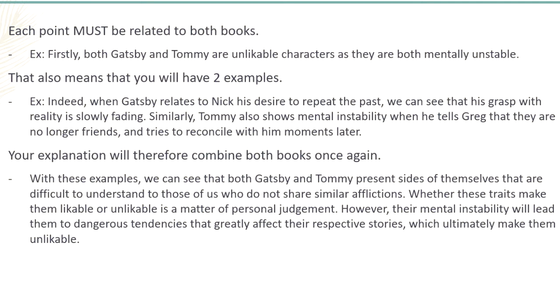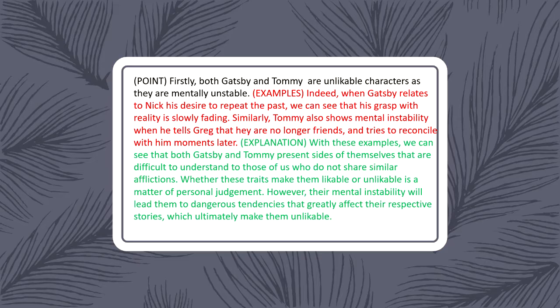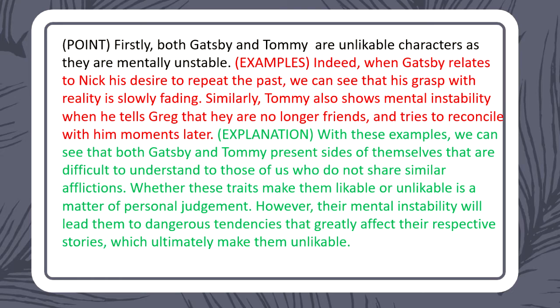However, their mental instability will lead them to dangerous tendencies that greatly affect their respective stories, which ultimately make them unlikable. If you want, I'll put up here a more clear example. There we go. We can see that this is a proper paragraph showing comparison here between the two characters of both books that we read during the year.